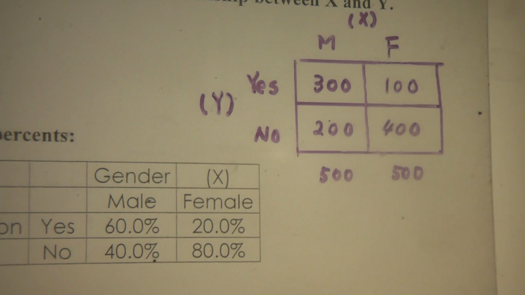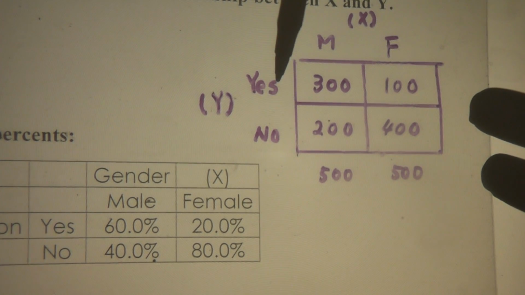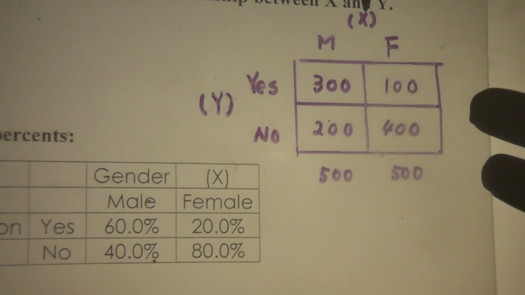Why did Mary get no promotion in the last 3 years? Because Mary is a female. Why did John get promoted 3 times in the last 3 years? Because John is a male. So people try to use gender in this case to explain the promotion status. So gender is an independent variable.